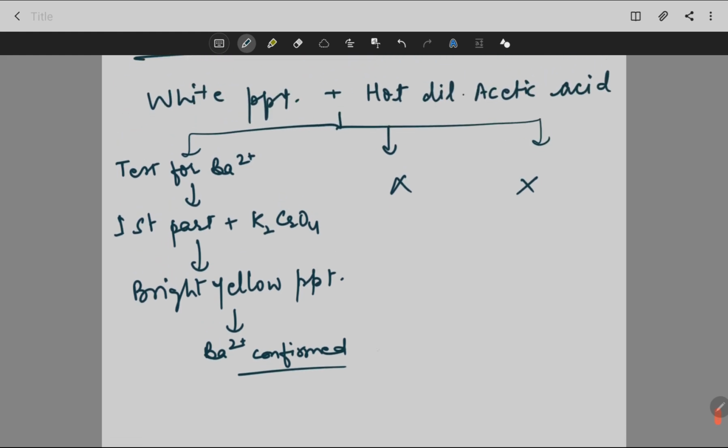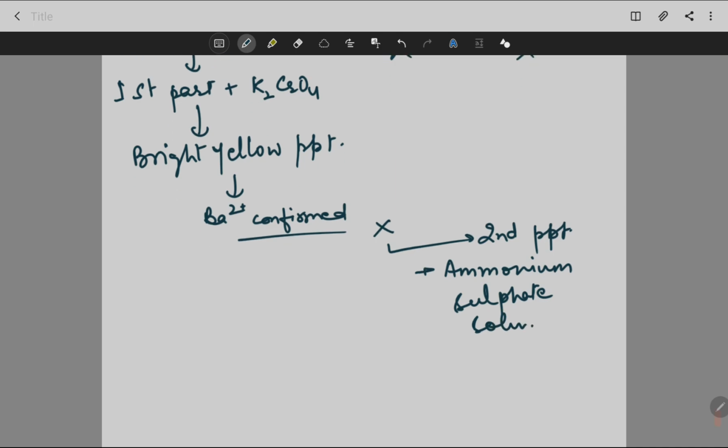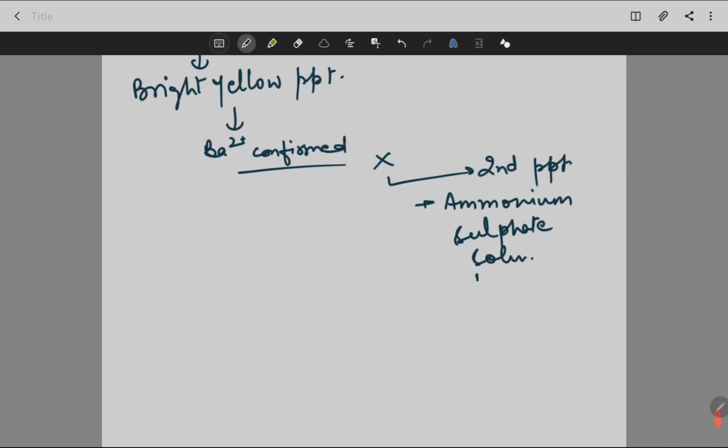So what is the test for strontium? To the second part, add ammonium sulfate solution. If we get a white precipitate, it means strontium is confirmed.